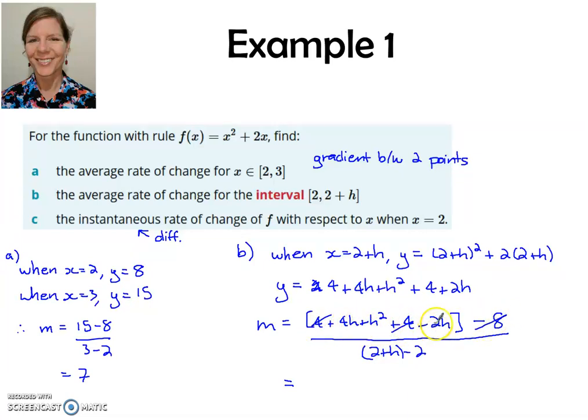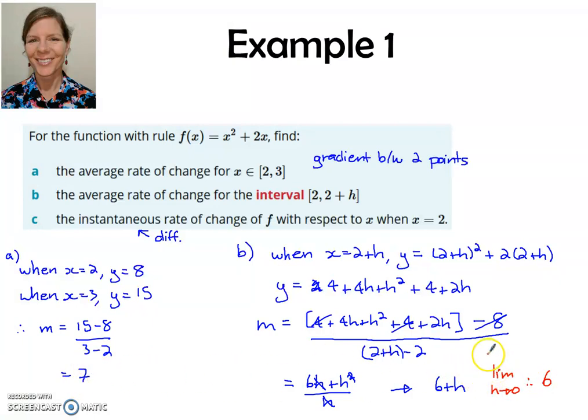We've got 4h plus 2h is 6h, plus h squared, all over h, and if you factorise that out and cancel, that leads to 6 plus h. And of course, as we limit h towards 0, so we say limit as h tends towards 0, therefore will be 6. Okay, so you can see it's a little bit less than that, but sort of in the same general vicinity.